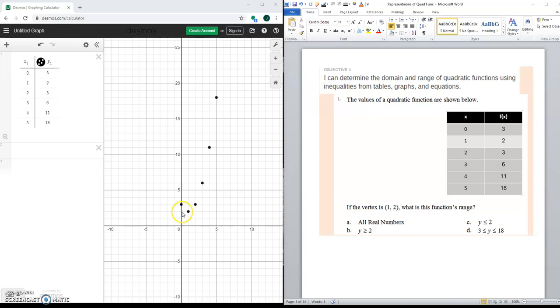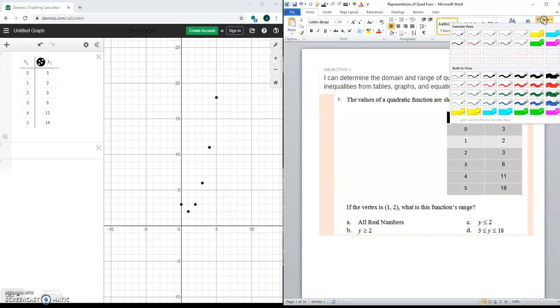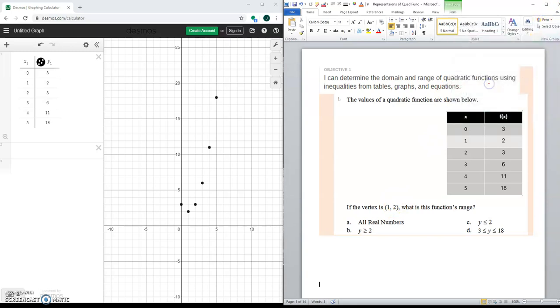So (1, 2). If it's a parabola like this, you know that this is going to go on and on and on. So now you mark this, and you put down that it's a 2, and it's on y, because it's range.